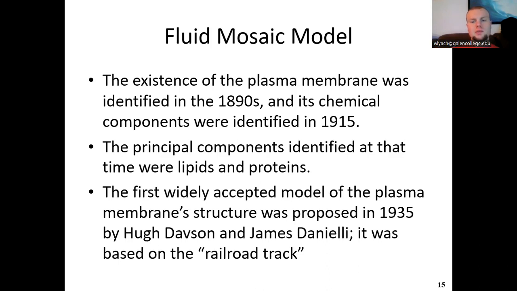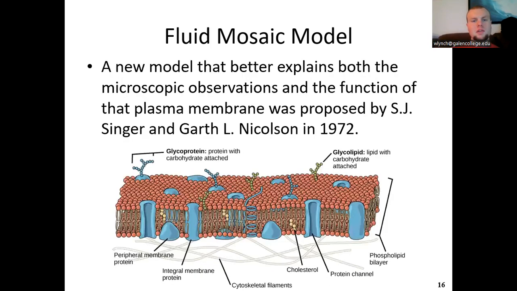Hugh Davson and James Danielli described it as a railroad track, which was somewhat accurate in 1935, but we really didn't have characterization of it as a whole until about 1970, when Singer and Nicolson created a meshwork of what the cell membrane looked like as a whole under microscopic observation.